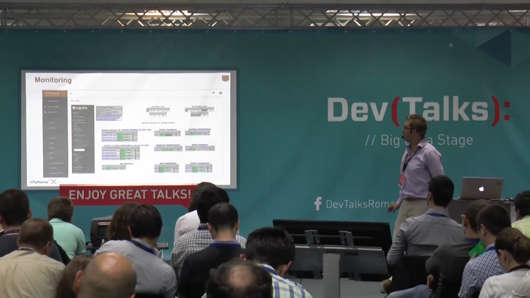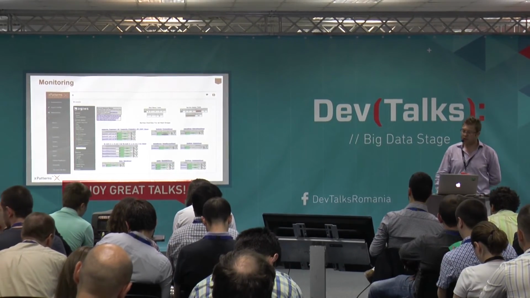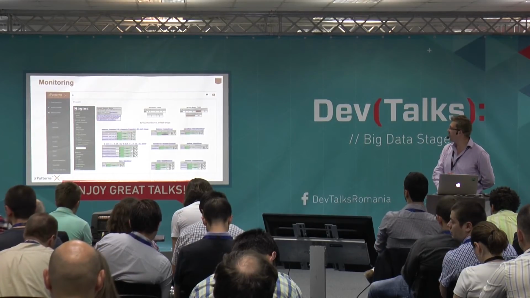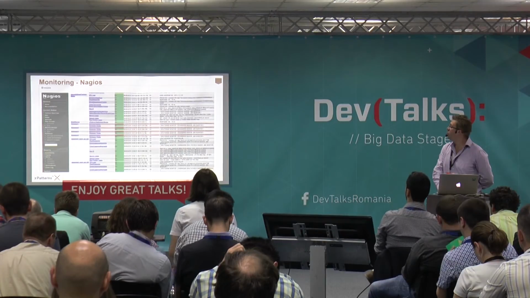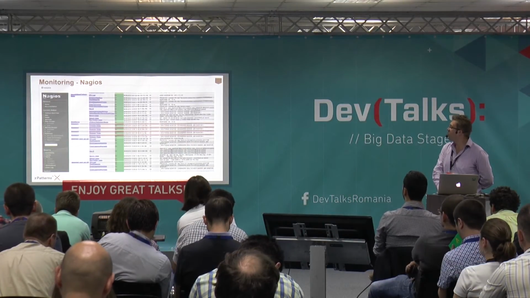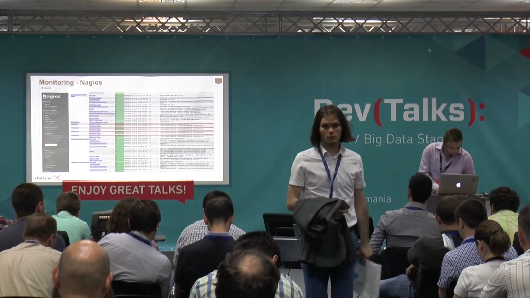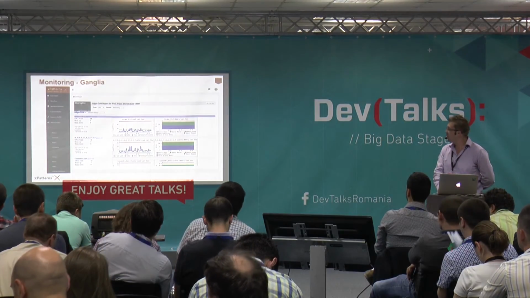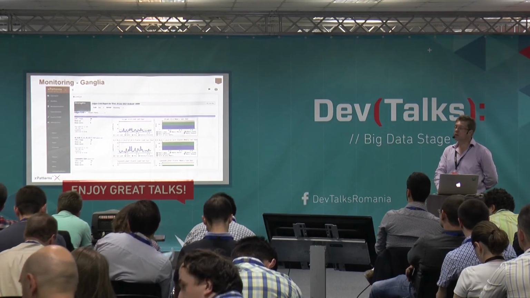In the worst case, if something is wrong, based on service alert processes, we receive everything in real time. Those are, for example, a few items that we check in the case of Mesos and Cassandra. Ganglia is very useful for us to get the performance in terms of memory, CPUs, network.